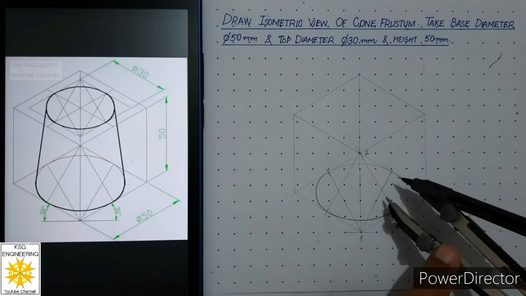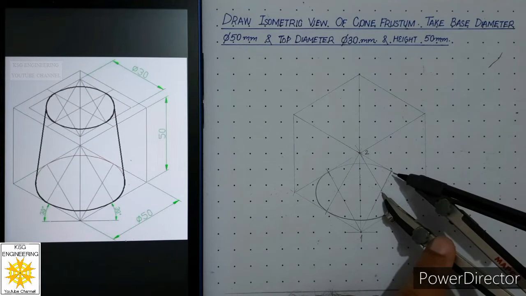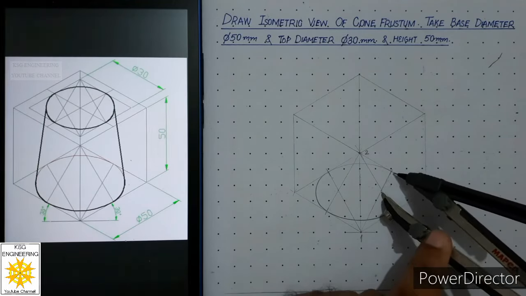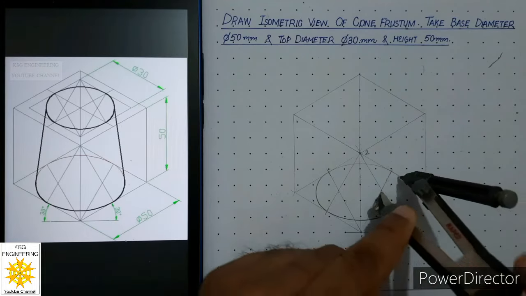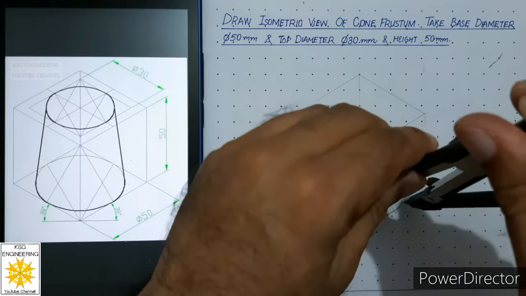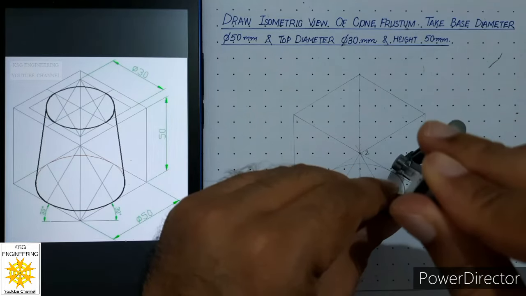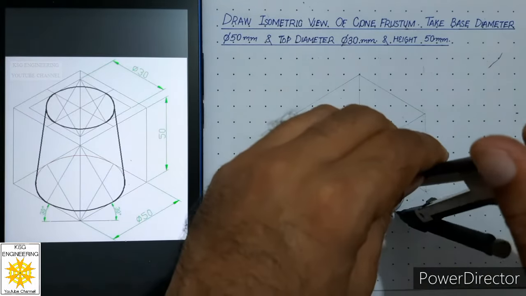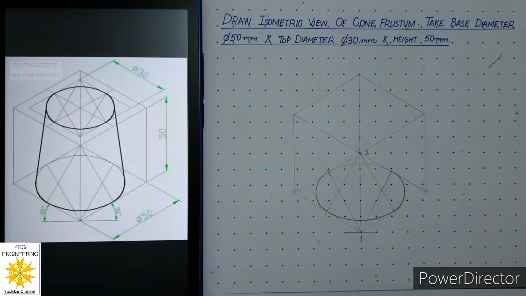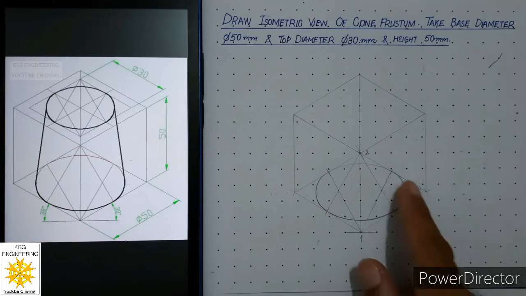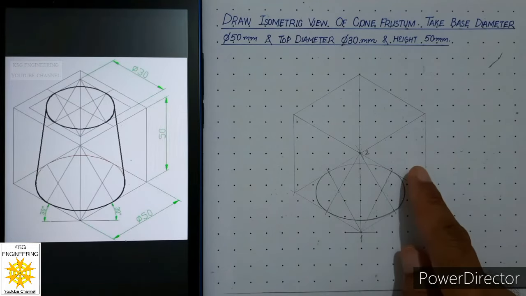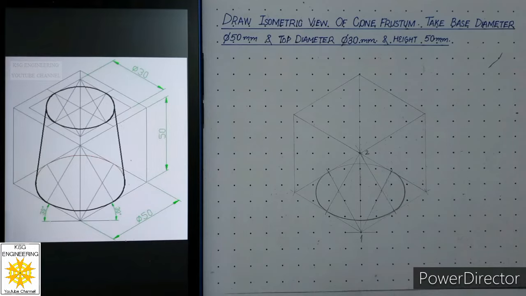We will open the compass and we will draw the 4th arc. Now we have drawn the bottom face of the cone frustum, which is an ellipse.